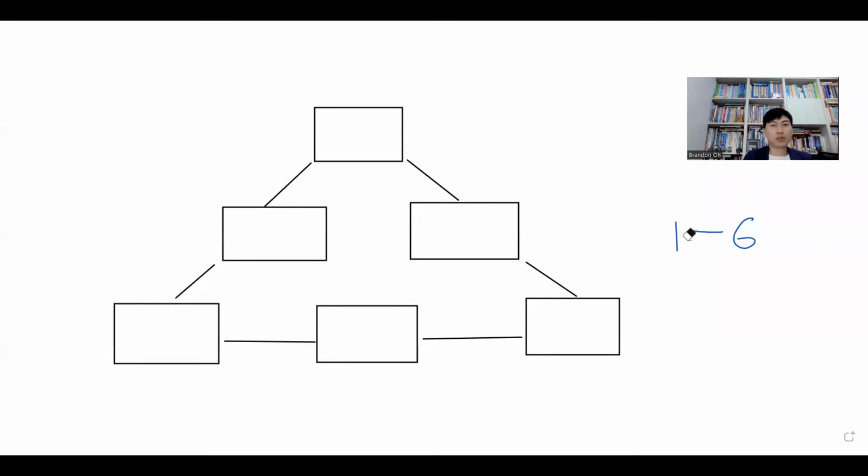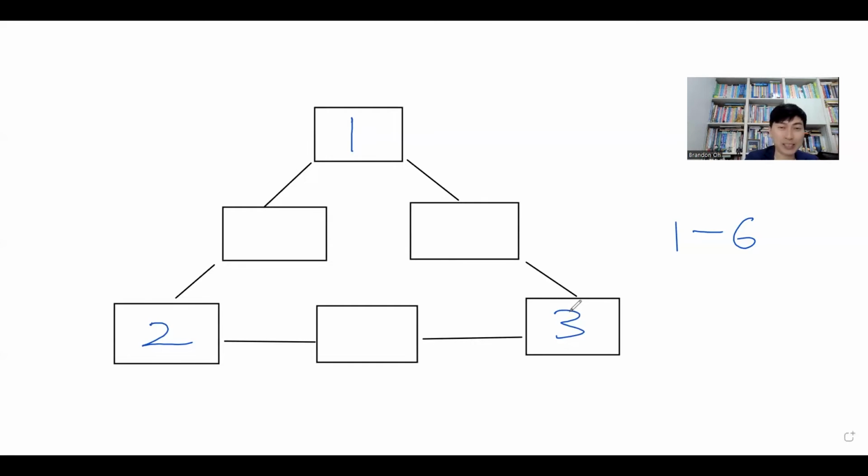Again, we do not repeat the numbers. Now, does it mean I have to change all the numbers? No, that's not necessary. But I may have some interesting ideas at the back of my head to try out and not randomly place these numbers. So for example, I would like to spread out all the small numbers like 1, 2, and 3.